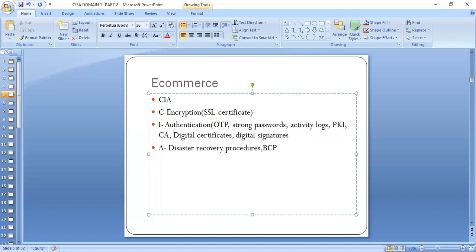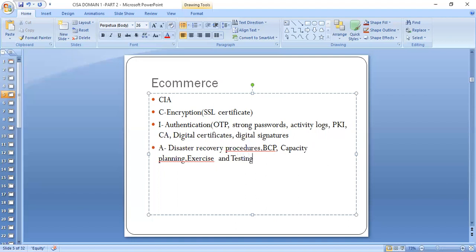Okay, so I want to see capacity planning, resources management, capacity planning. All right. I want to see exercise and testing.